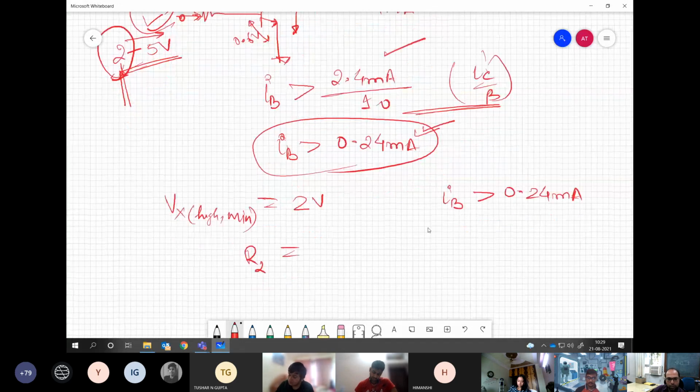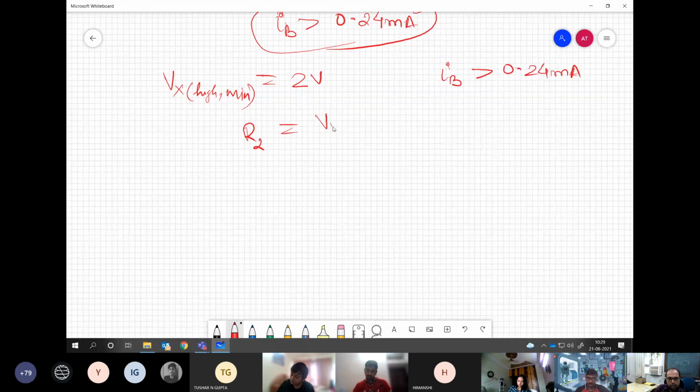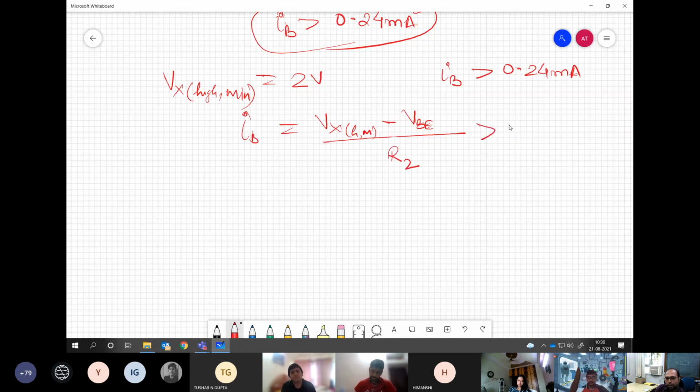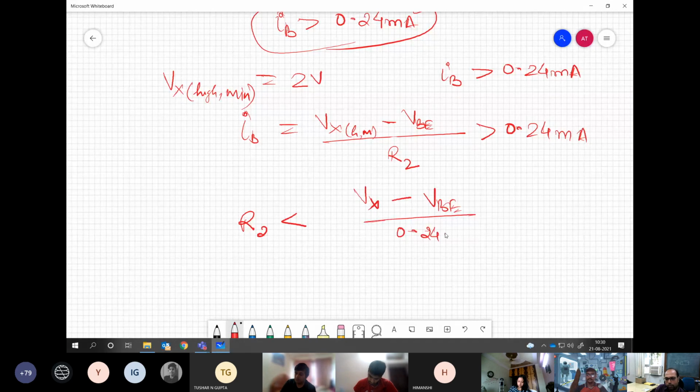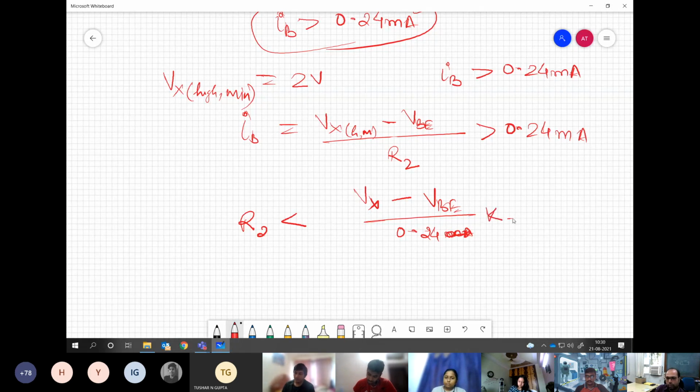So IB is Vx, whatever high minimum we are having, minus VBE, divided by R2. And this must be greater than 0.24 milliampere. So our R2 must be less than Vx minus VBE divided by 0.24 milliampere, or we can write kilo ohm.